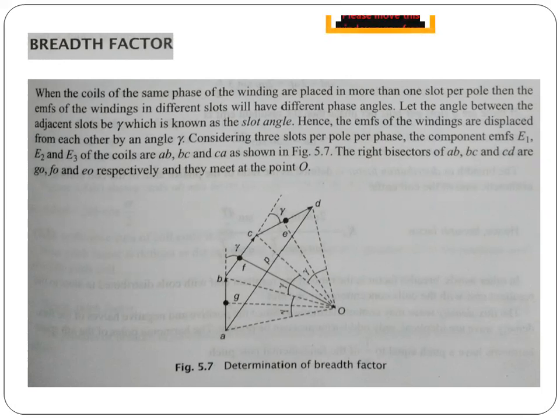Hence, the EMFs of the windings are displaced from each other by an angle gamma. Considering 3 slots per pole per phase, the component EMFs E1, E2 and E3 of the coils AB, BC and CD are as shown in the figure. The right bisectors of AB, BC and CD are GO, FO and EO respectively, and they meet at the point O.